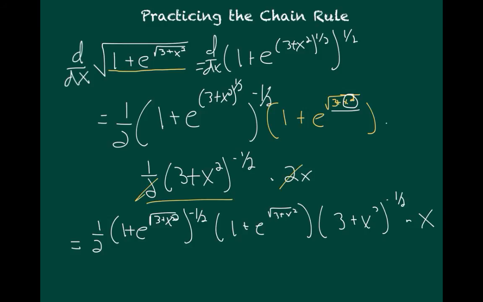So that's why I'm left with just an x at the end. You could go on to simplify this some more by putting this expression in the denominator because of that negative exponent. And this would also be a negative exponent, so maybe that will go in the denominator too. But with the chain rule, something as complicated as this, we won't need to worry about until we've had a little more practice.